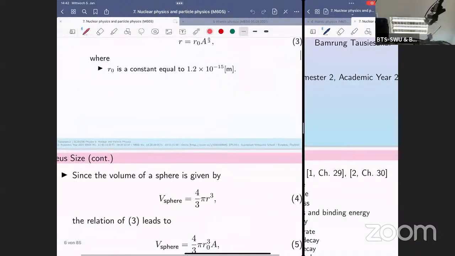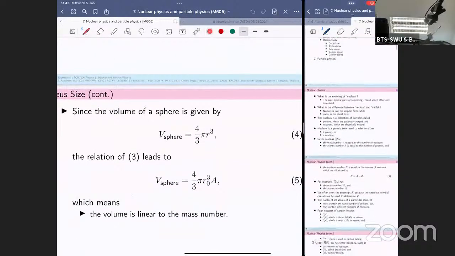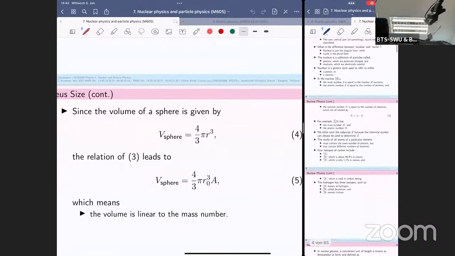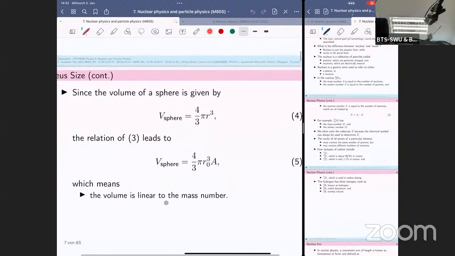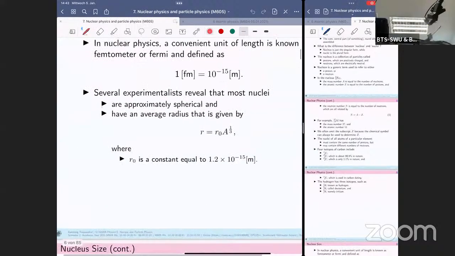We arrive at the spherical shape times the atomic mass, which means the volume is linear to the mass number.